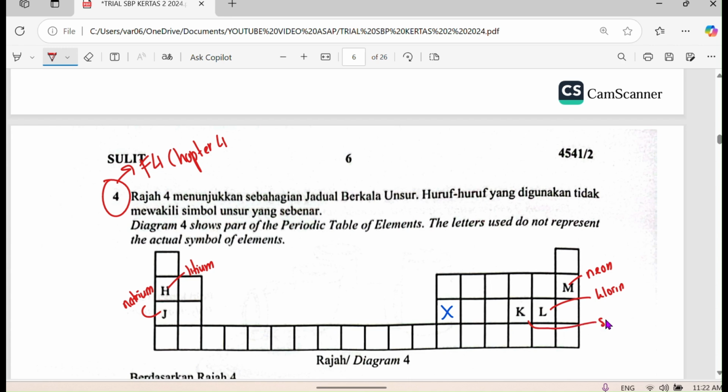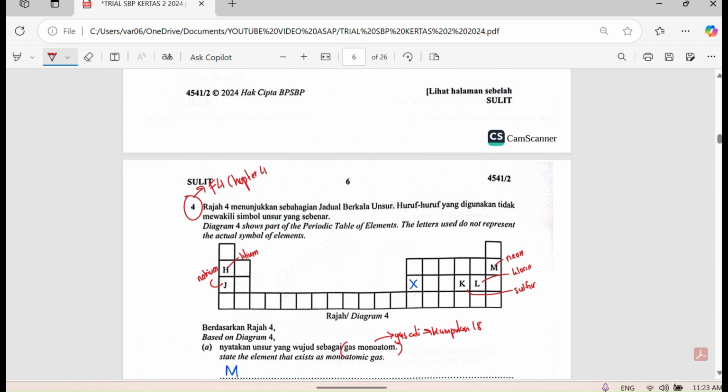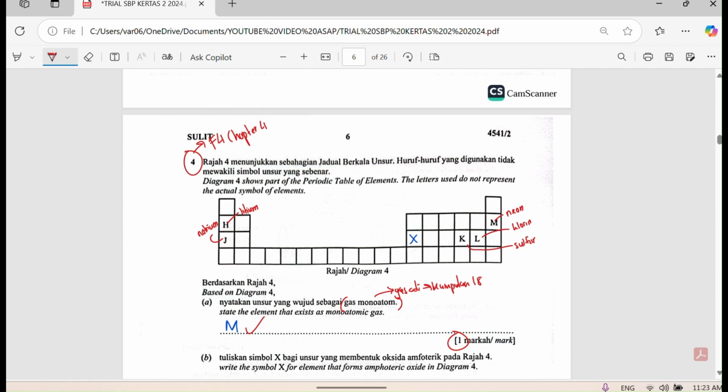Your K is sulfur. Trust me, if you know the actual element, it'll be way easier. Okay. Nyatakan unsur yang wujud sebagai gas monoatom. So gas monoatom is also known as gas adi, which is under kumpulan 18. So kumpulan 18 consists of all inert gases, lengai secara kimia. And okay, 1 mark.